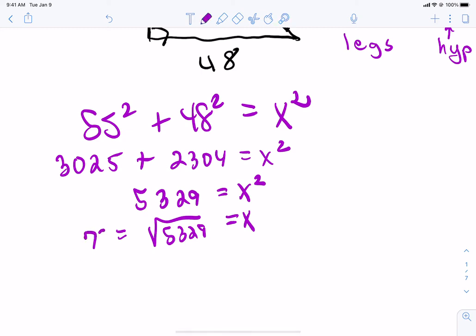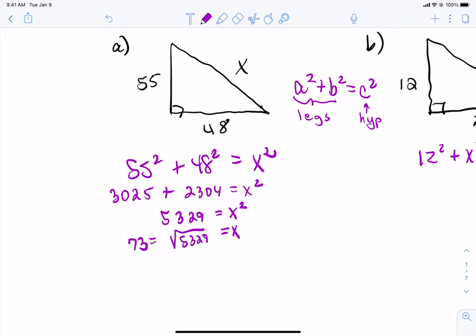Now, one really quick check to see that you were on the right track. If your hypotenuse ends up being the longest side, which it did, we got 73, which is bigger than 55 or 48, you're pretty much good to go, okay? Anybody have any questions about that one? Okay. Give you a second if you're still writing, and then we'll move on to B.